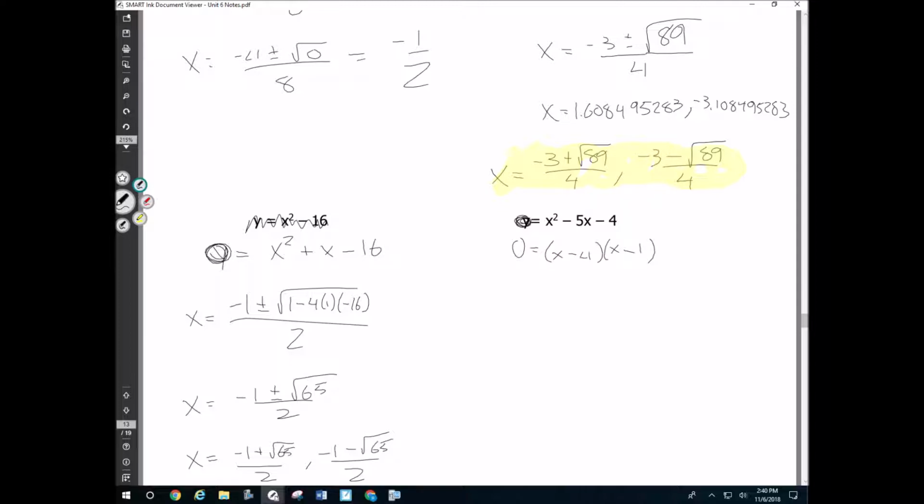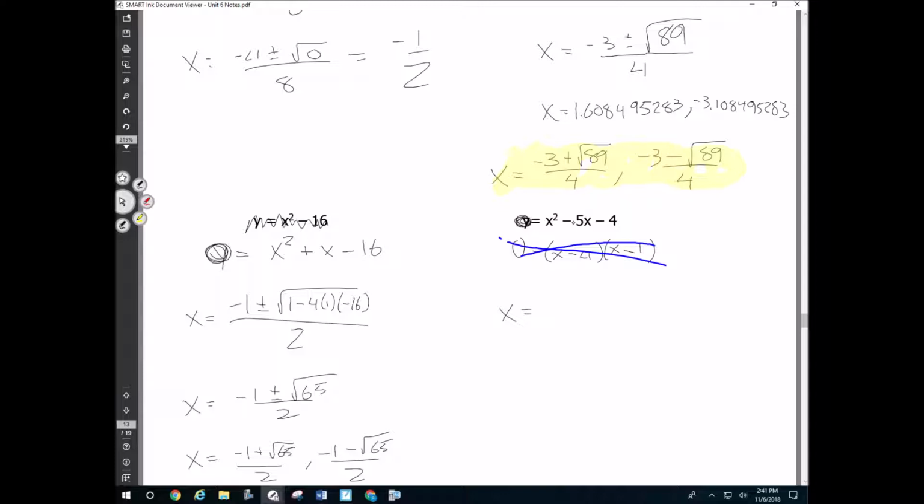Does that work? Nope. Negative 4 times negative 1 is positive 4. I need negative 4. That doesn't work. x minus 5x plus 1. Nope. That won't work. This can't be factored. You have to use the quadratic formula.